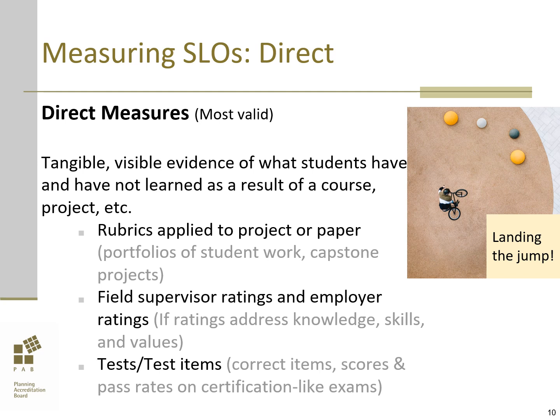These are critical in that they provide concrete evidence of what students are actually learning. There are a variety of measures that programs can rely upon, including analyses of student work, reviews of student portfolios, course projects, or some sort of culminating experience, such as theses, capstone projects, comprehensive exams, etc.